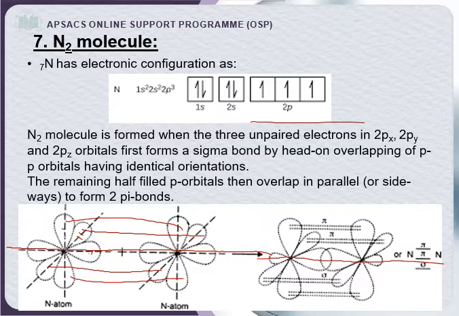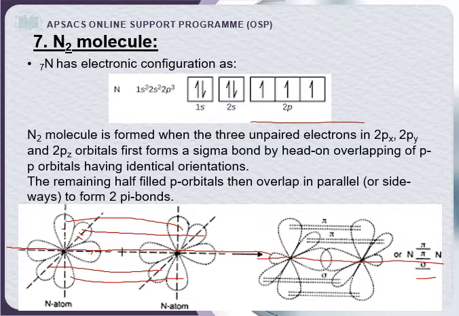As all the three orbitals are holding one electron each, the overlapping will occur. Only one overlapping is going on at the central axis, that will be taken as a sigma bond, while the other two are lying above or below the plane. By means of the lateral overlap, they will give two pi bonds, right?